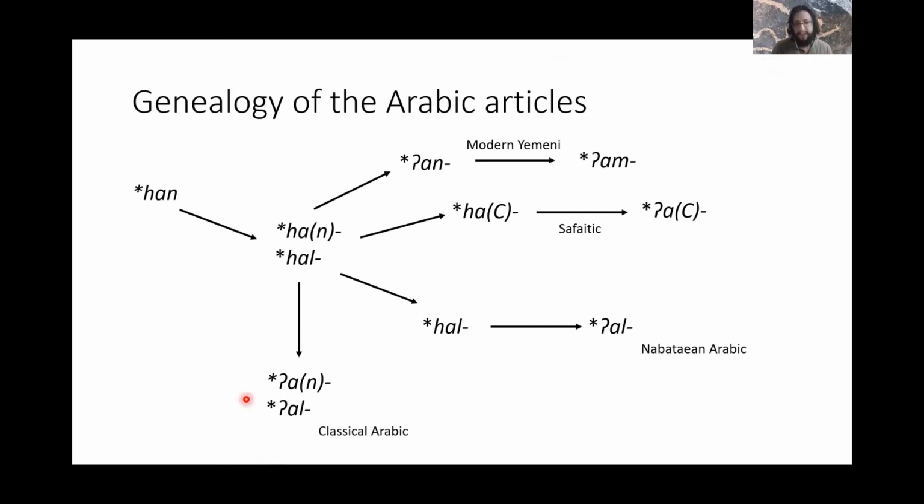Now, it's not hard to see why this distribution is the most common distribution today. It's almost as if a bottleneck happened in the Islamic period, the explosion of Islam and all this. This is basically what you find almost everywhere, except for in these very peripheral dialects in Yemen and relics and remnants elsewhere. And that's not hard to explain, of course, because this distribution gets associated with a prestige register, right?